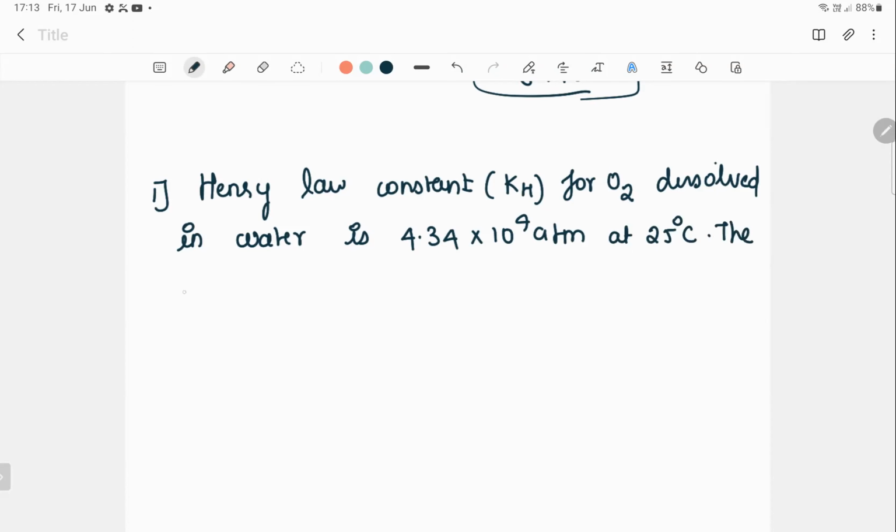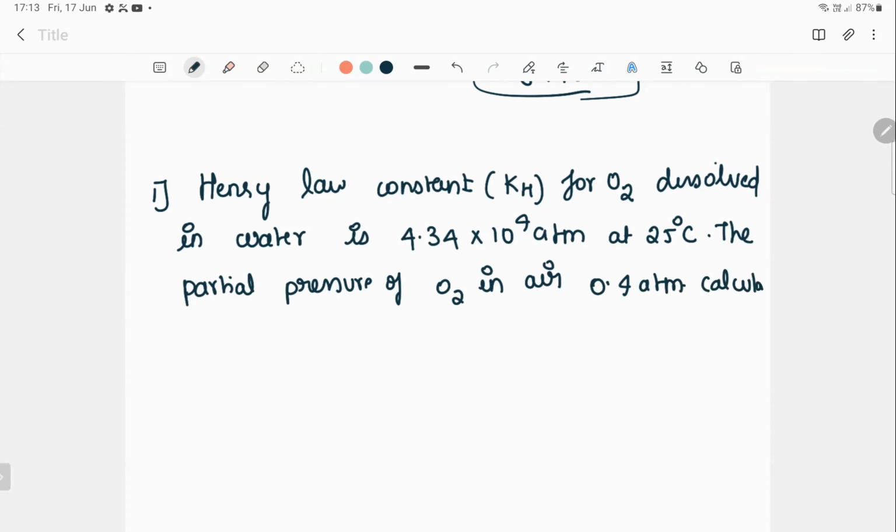The partial pressure of oxygen in air is 0.4 atmosphere. Calculate the concentration. Again, here also they're asking only about the mole fraction.